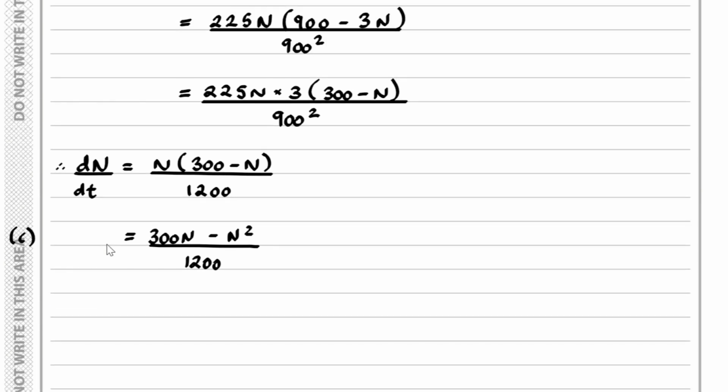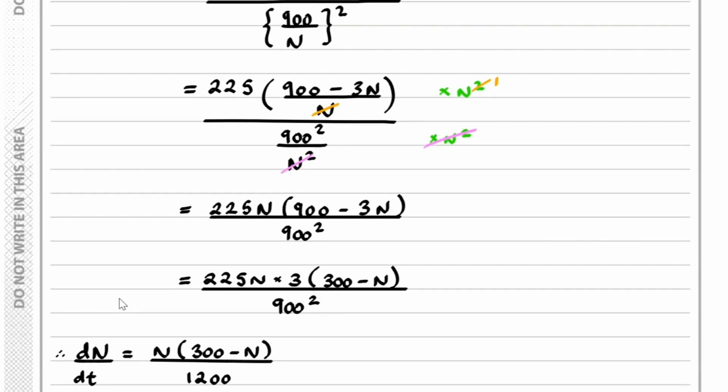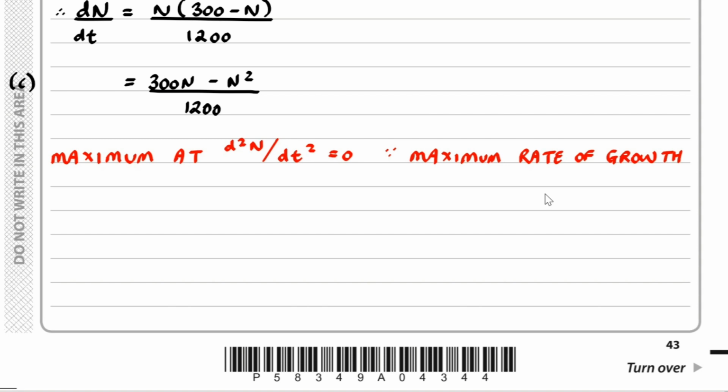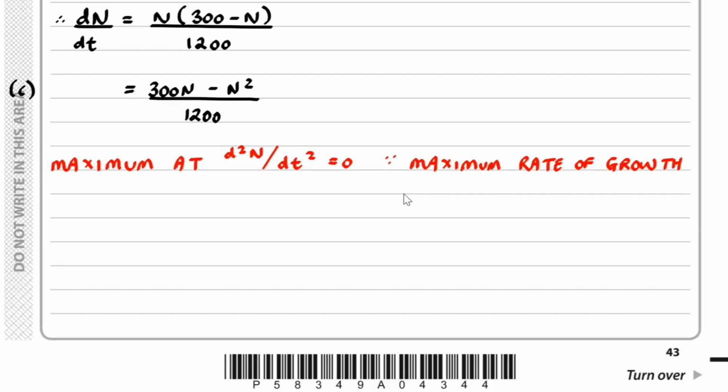Now, we are told from the question that the rate of growth is a maximum after t months. So we have a maximum at d squared n over dt squared equals 0. And that's because we've got a maximum rate of growth. So dn over dt represents the rate of growth, and because we've got a maximum of that, we need to differentiate that and set that equal to 0.